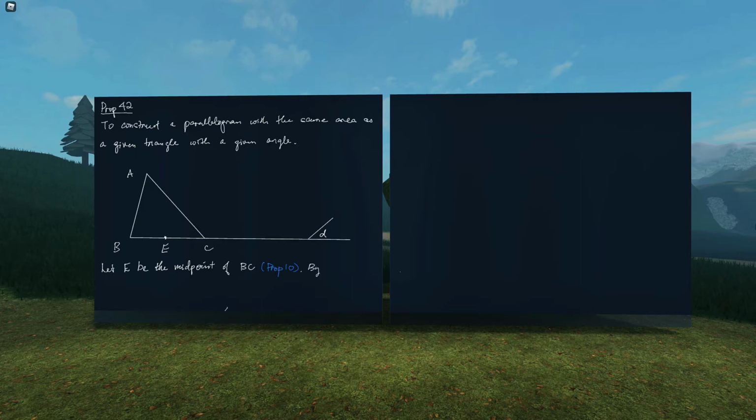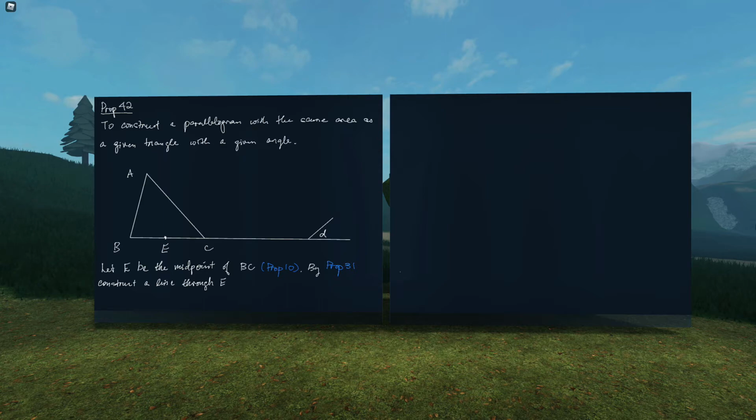By proposition 31, we can construct a line through E... hang on, sorry, I said something and I meant to write something different.